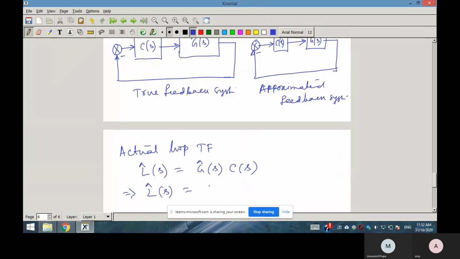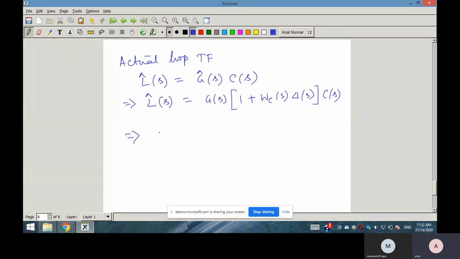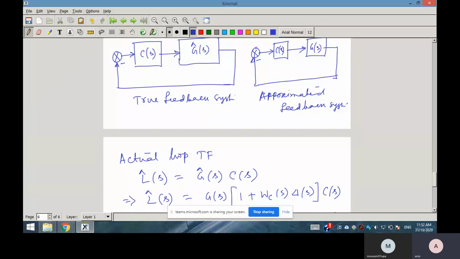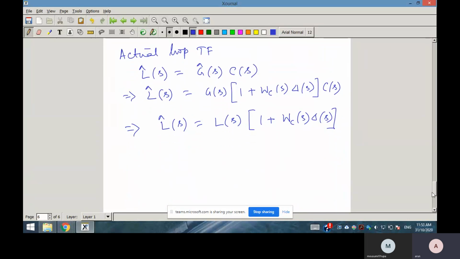G hat S is G of S into 1 plus WC of S into delta S. So this implies L hat S equals G C, that is, L of S into 1 plus WC of S into delta S. What is L of S? L of S is your nominal loop transfer function, that means the loop transfer function corresponding to the approximated feedback system, and that is G of S into C of S. So from here you can write L hat S equal to L of S plus delta S into L of S into WC of S.